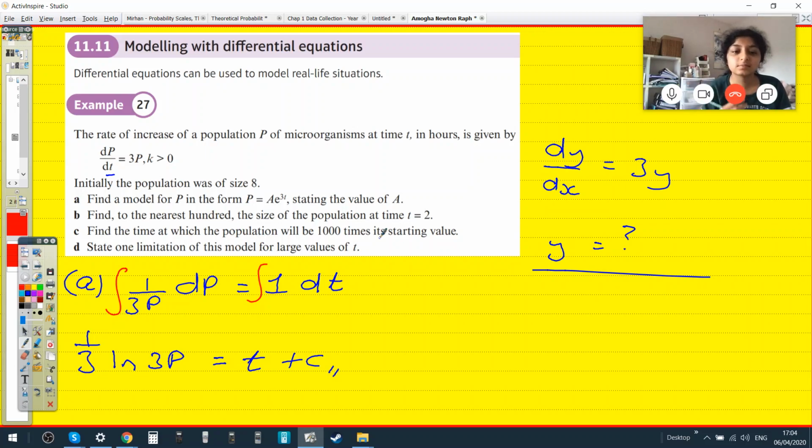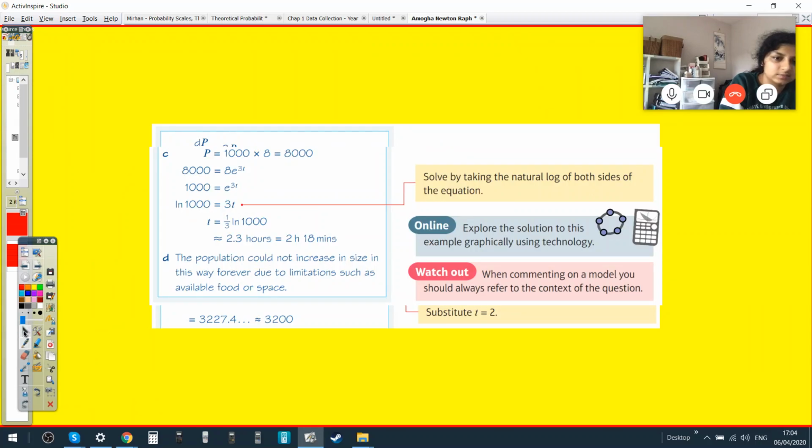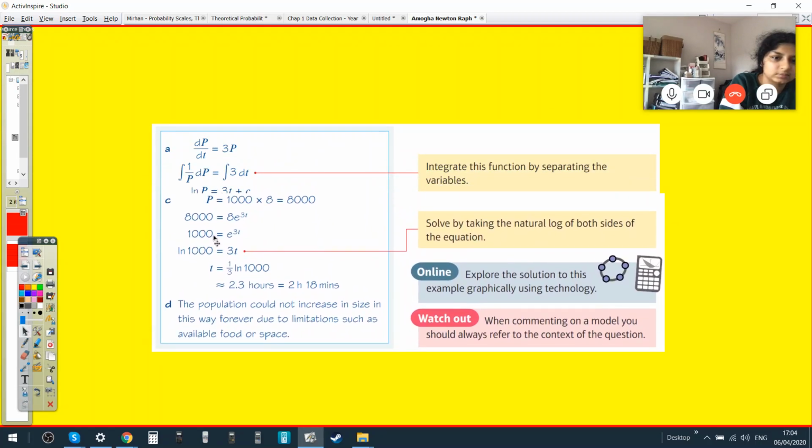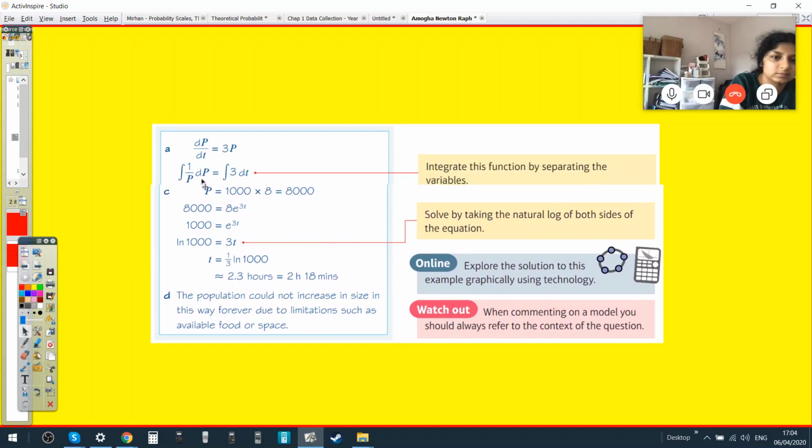And then they want you to make it look like this. So you have to raise both sides to e. So then you have, wouldn't you have 3p to the power of 1/3? Let me just check that it is that 1/3 thing. So 1 over p dp and 3.